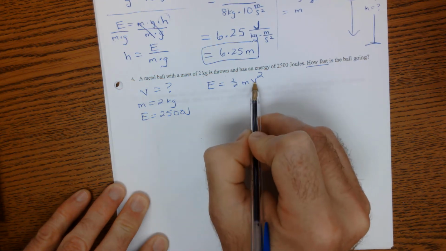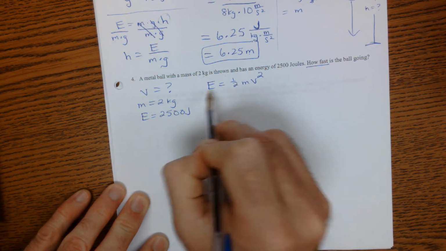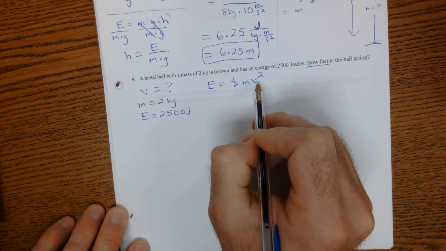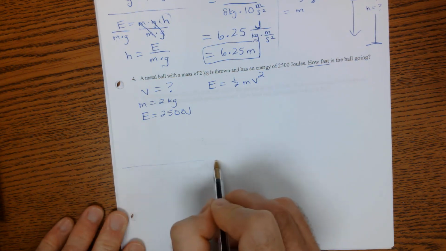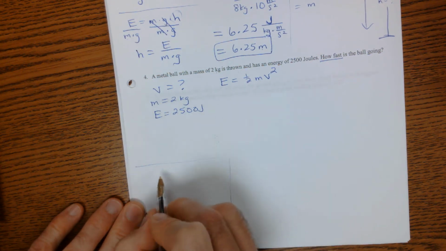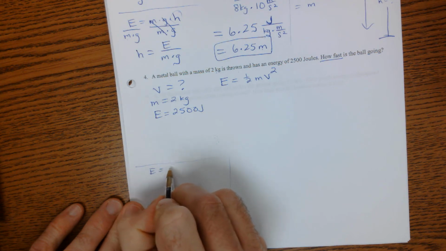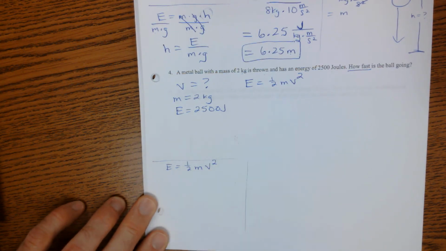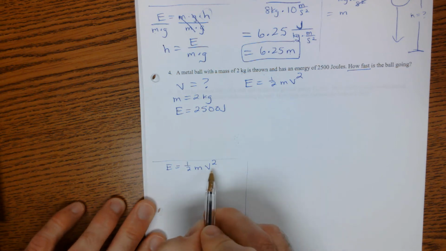Now, instead of plugging into this equation here and then solving for a v that's squared, I like to do this ahead of time. So let's go down in the corner here and see if we can get a nice clean equation to work with up here instead. So if energy is equal to 1/2 mv squared, let's go ahead and solve it for v.